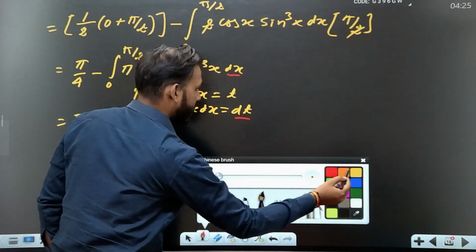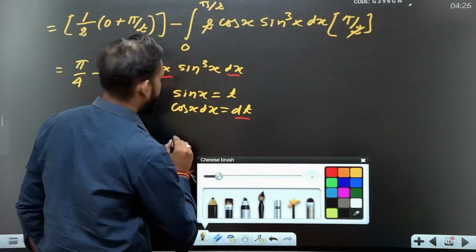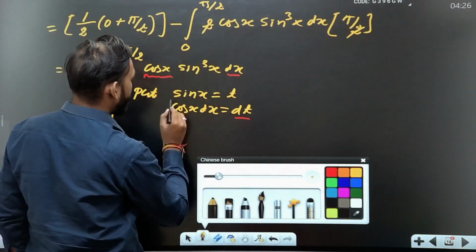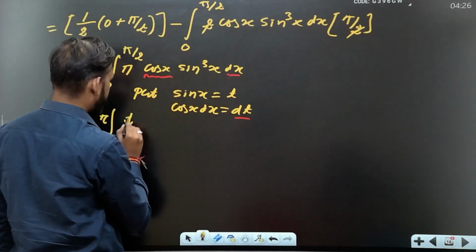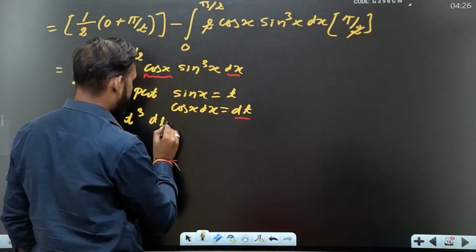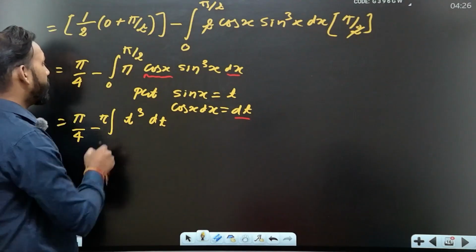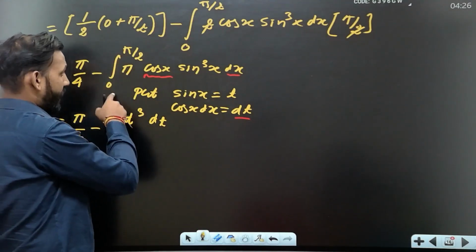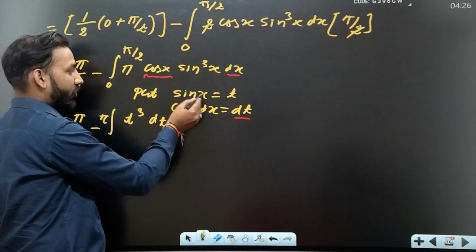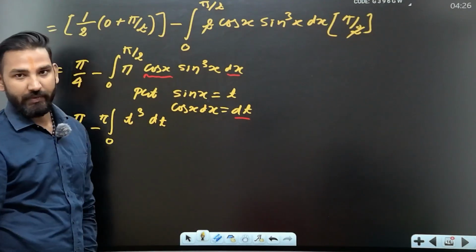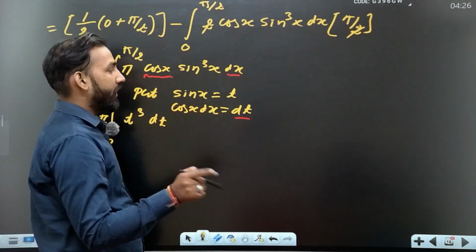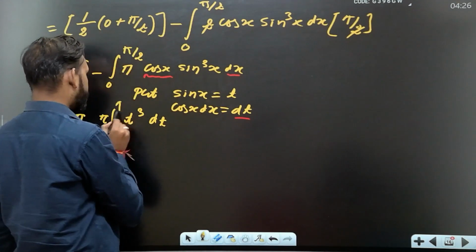Now since we have this thing cos x dx equal to dt, we have this particular thing is t cube dt, right? And we put here limit: when x is 0, sin 0 is 0, then we get t is 0, and if x is pi by 2, sin pi by 2 is 1, then we get the limit of t is 1, right?